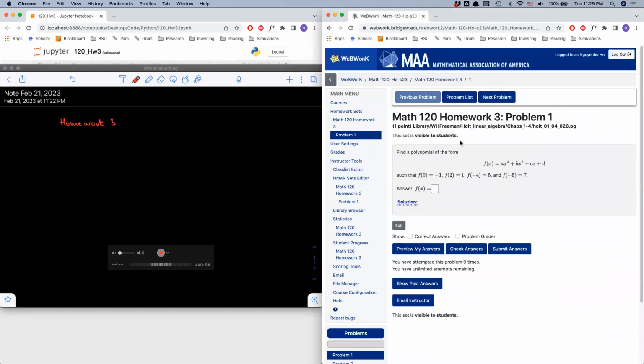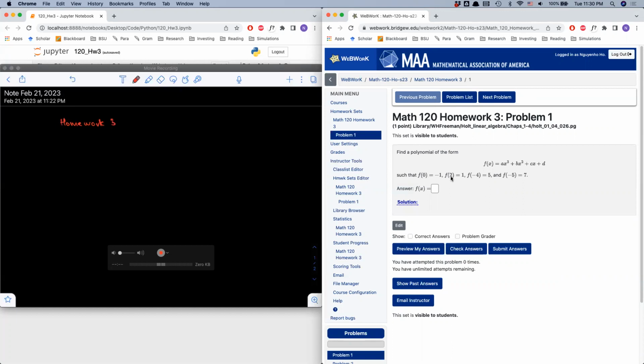In this problem, you have a polynomial function of the form f of x equal to ax cubed plus bx squared plus cx plus d. And you want to find the form of this polynomial function given the point x equal to 0, y equal to -1, which is the first point right here.